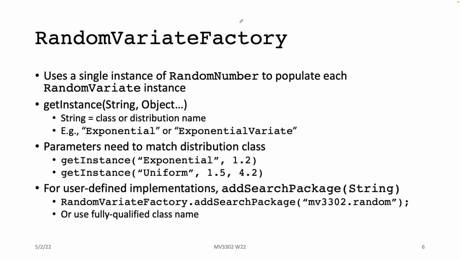Now, the random variate factory that we've been using is a common pattern when you're trying to get instances of things where all you know about it is that it implements a particular interface. You can't instantiate the interface, but the factory does what you would do in a factory.